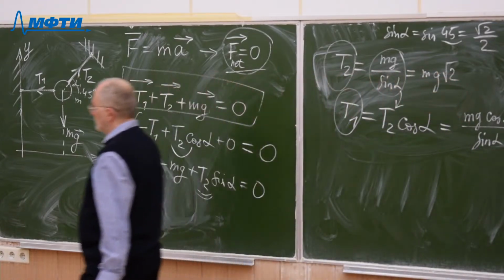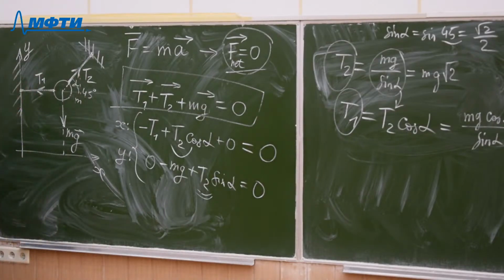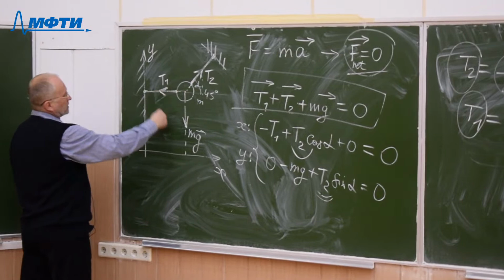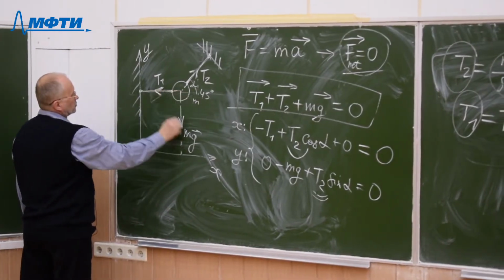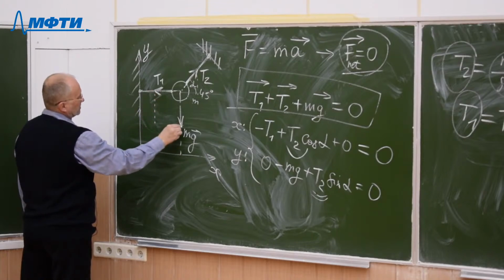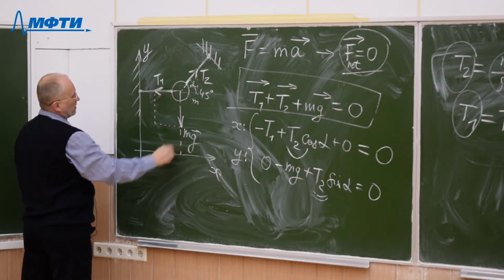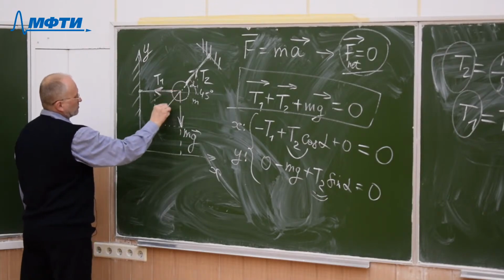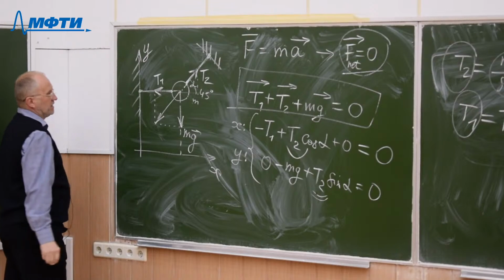Certainly, there is another possible way of considering this problem. For example, we can find graphically the sum of two vectors. In order to find the sum of two vectors, we have to form a parallelogram on these vectors, and the sum will be equal to the diagonal.